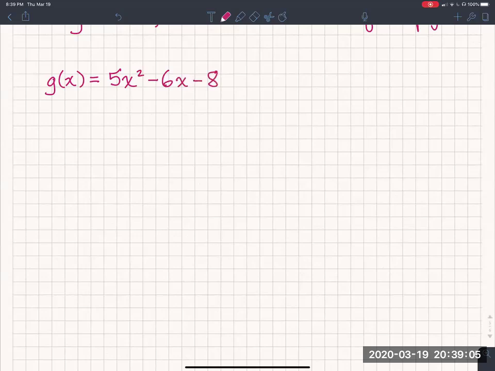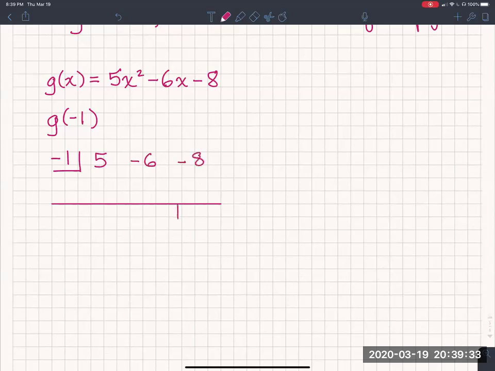And I want you to evaluate g at -1. Now, yes, I can plug in -1 and solve, or I can use synthetic division. So remember, I can do -1 in the box in the upper left-hand corner. And then to the right of that box, I write the coefficients of my polynomial.